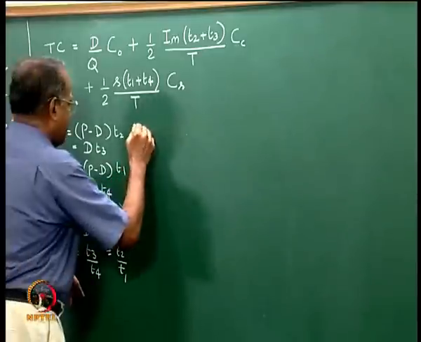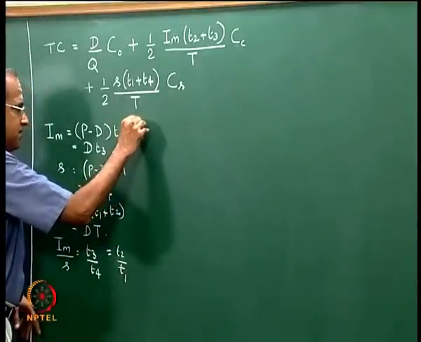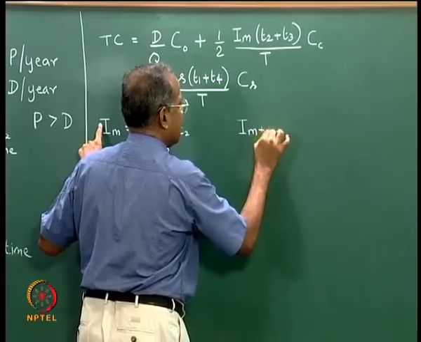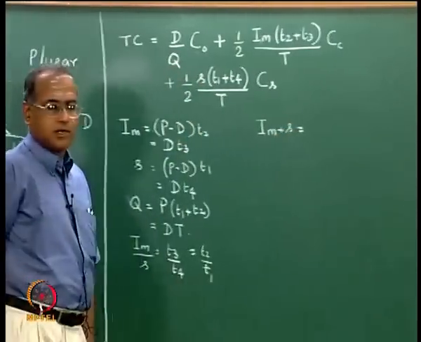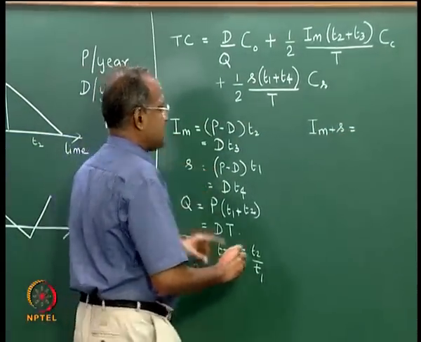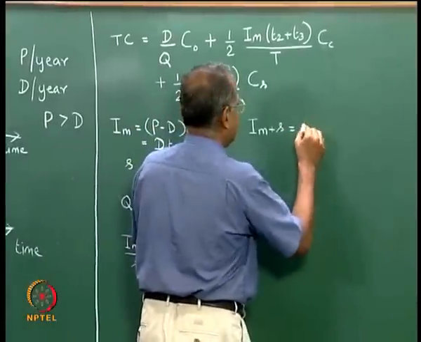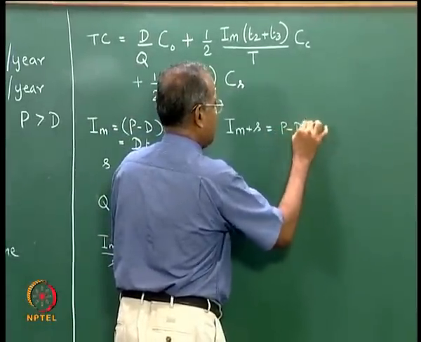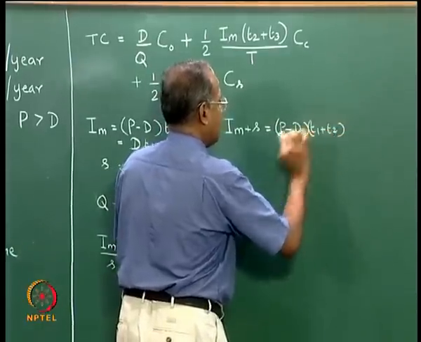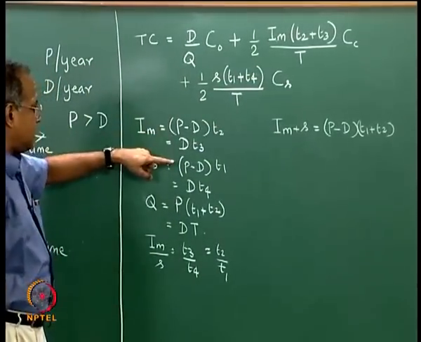Now, let us write a few simple equations from this. So, now these are all the relationships. From this we can write Im plus S is equal to P minus D into T1 plus T2.